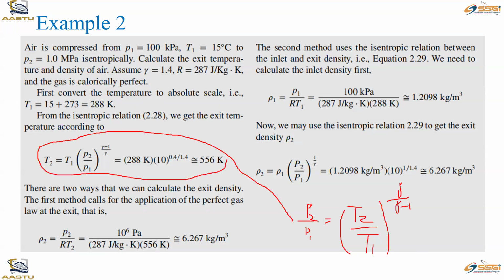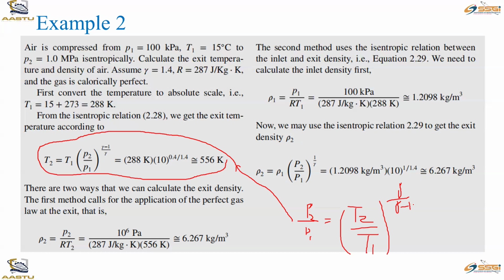Okay, so this equation is directly taking this relation. That directly gives us the exit temperature. So T2 is the exit temperature here. T1 is already there. Here it is gamma minus 1 over gamma because it is reversed.